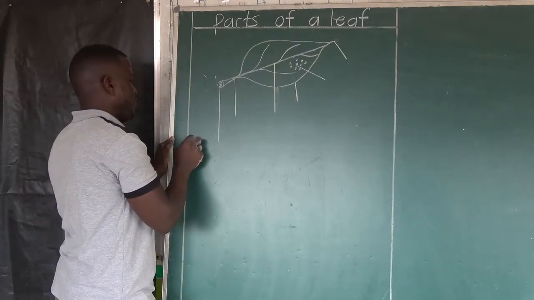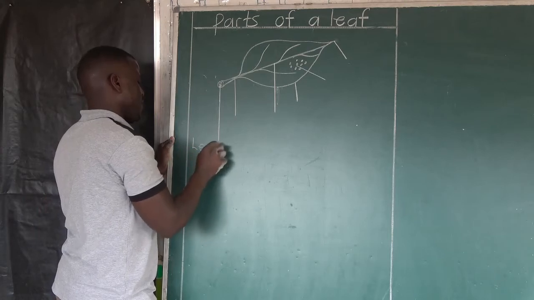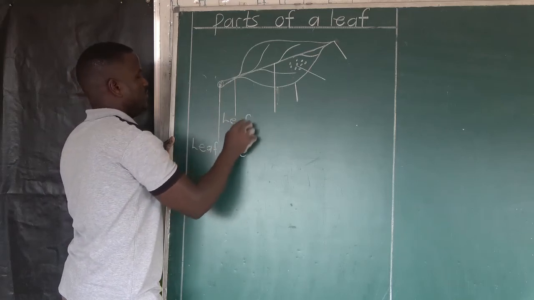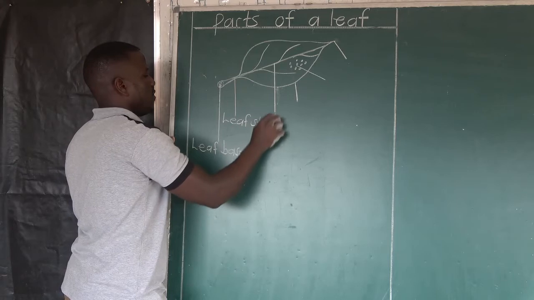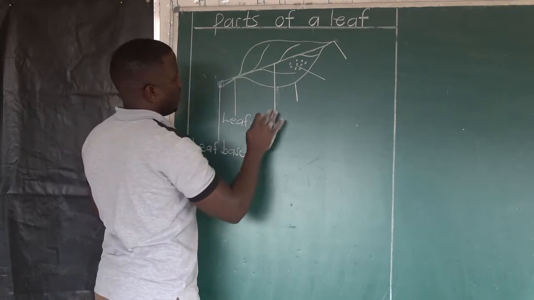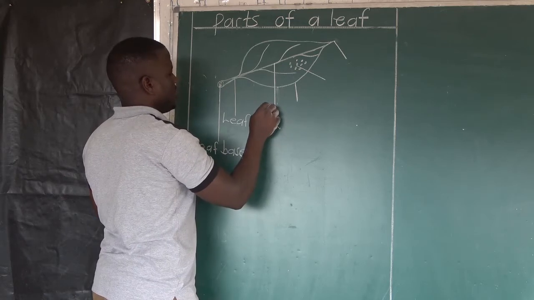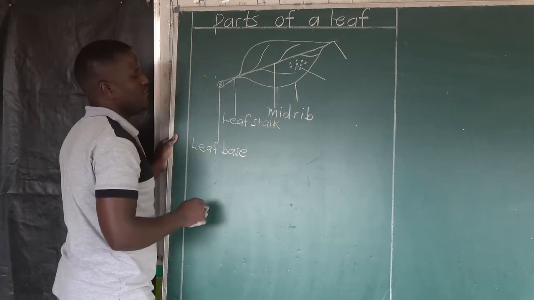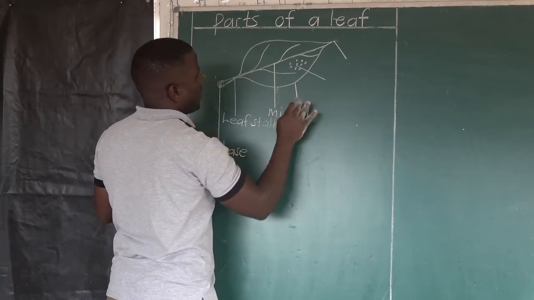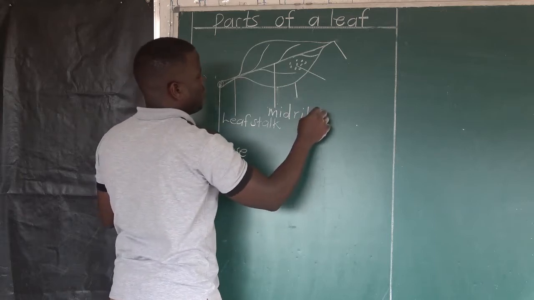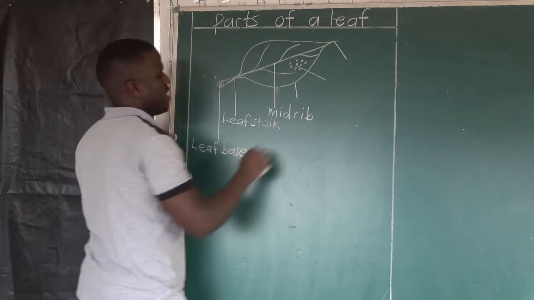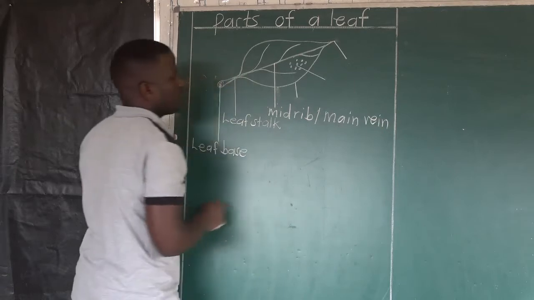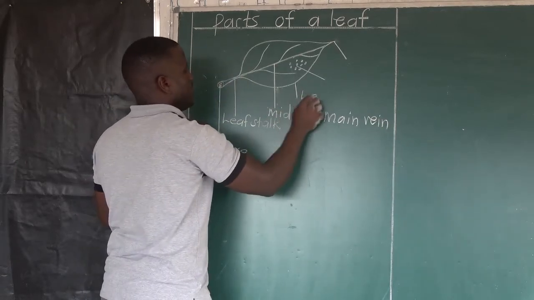Now, this part is called leaf base. Leaf base. This one is leaf stalk. Then this one is midrib. Some people call it leaf margin. Midrib or main vein. Main vein. This one is leaf margin.